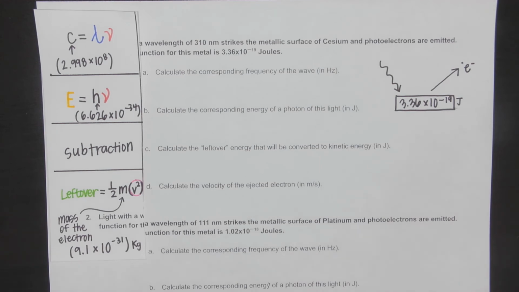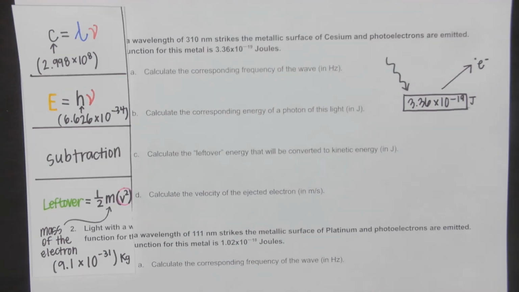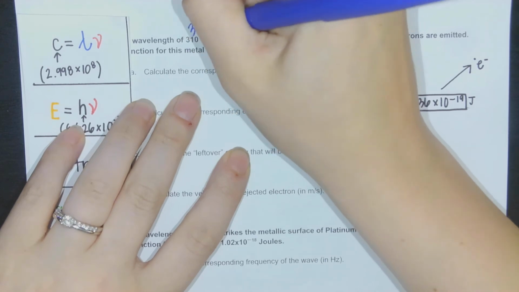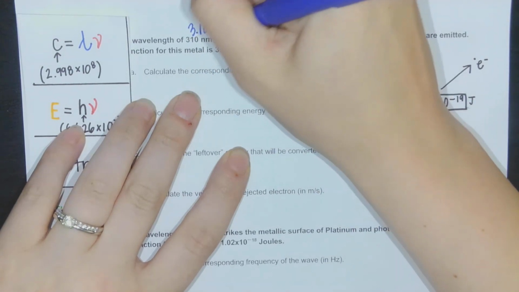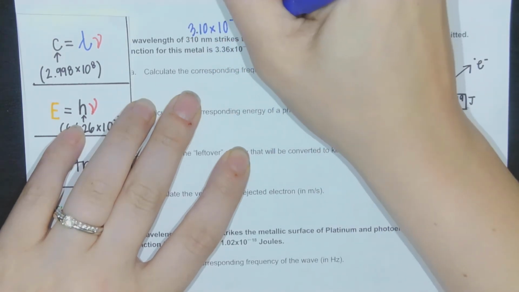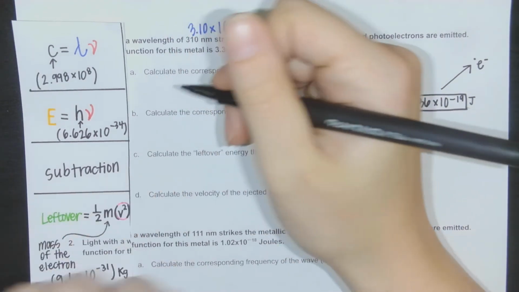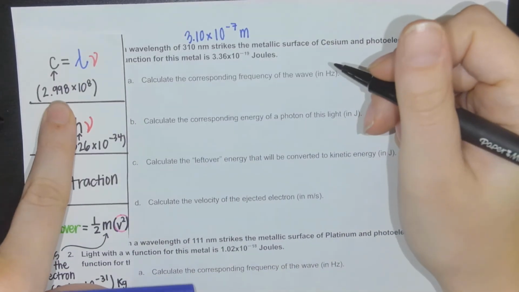I'm going to go a little bit faster on this one. 310 nanometers, 3-digit number in nanometers. It's going to be a decimal to the negative 7th power meters. Here's my formula.